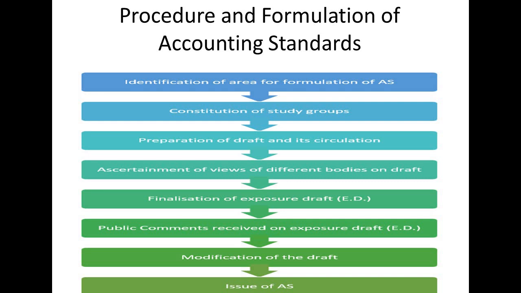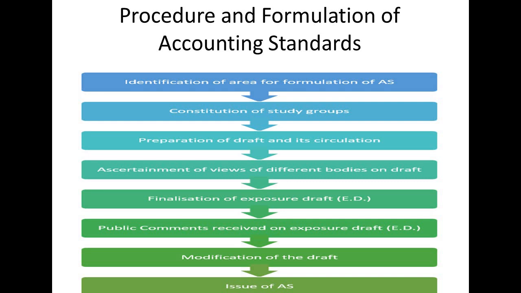After getting the views from all the persons, the ASB, the study group, can go for finalizing the draft, because they need to consider what changes are needed and what suggestions the experts have given. Based on the suggestions or opinions, they finalize the draft.